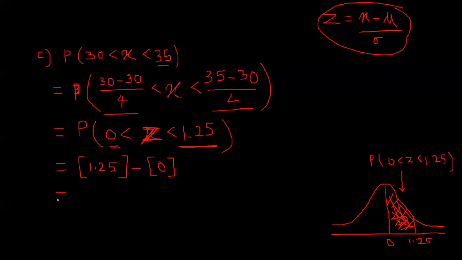If you refer to the standard normal distribution table for the Z value 1.25, you will get the Z area that is 0.8944.